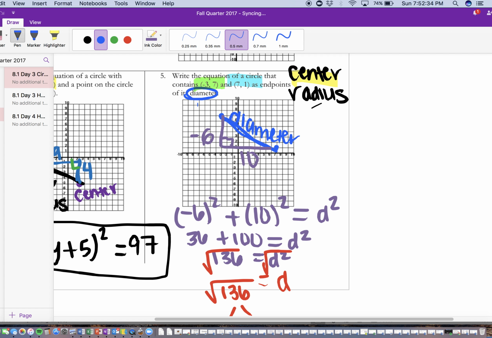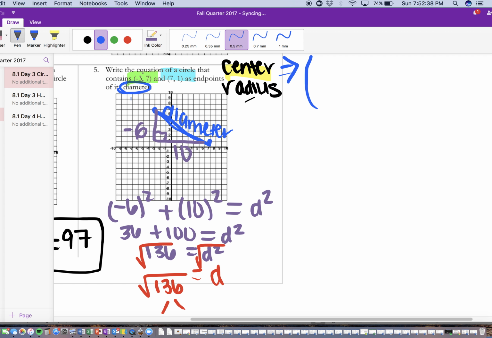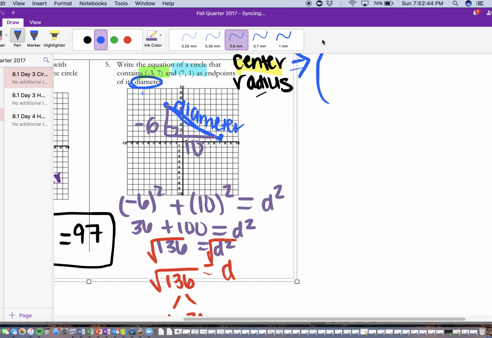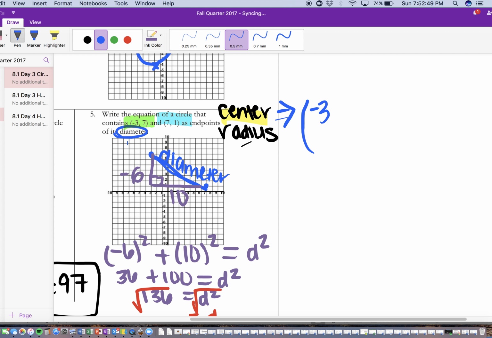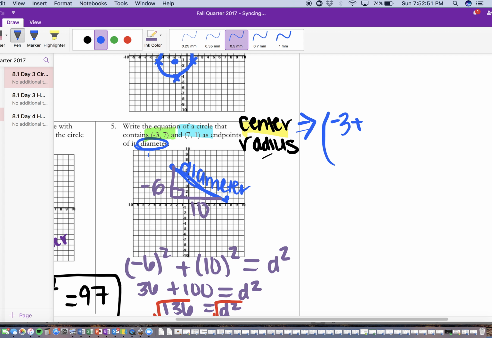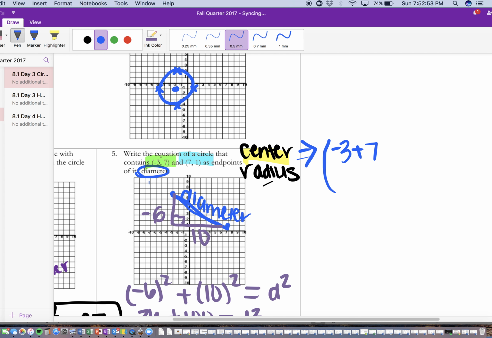So to find the center of the circle, we're going to take the x values and find the midpoint. So that would be negative 3 plus 7 divided by 2, and the average of the y values, 7 plus 1 divided by 2.